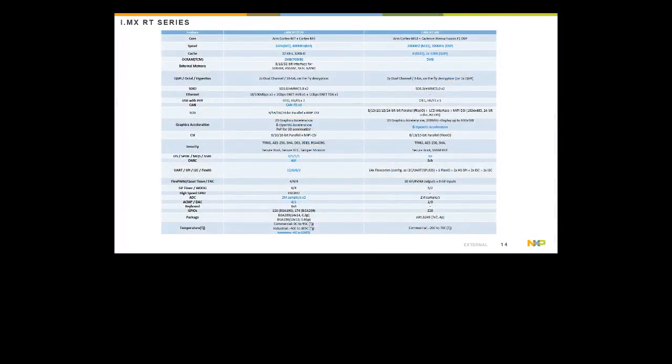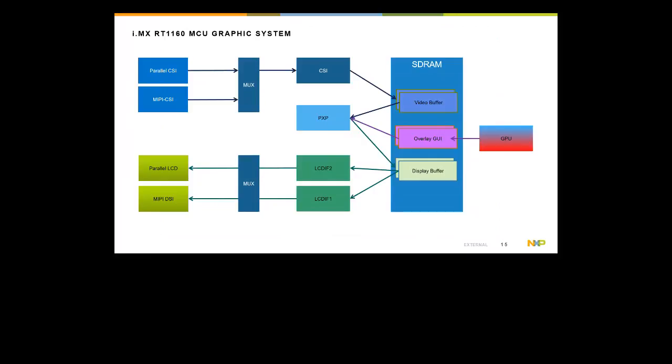engines. So looking a little bit more specifically at the 1170, especially given that we're most interested in graphics for today, we can see that it provides, as I mentioned before, a heterogeneous graphics solution that supports not only multiple displays, but a means of providing overlays on those displays, which is very typical of some of these newer UIs where you're blending not only, for example, images, in terms of, say, a JPEG or what have you, but perhaps you're even blending incoming camera streams or other visual media.